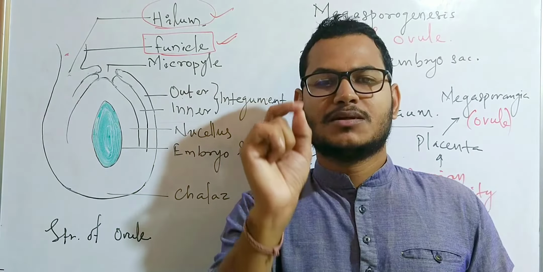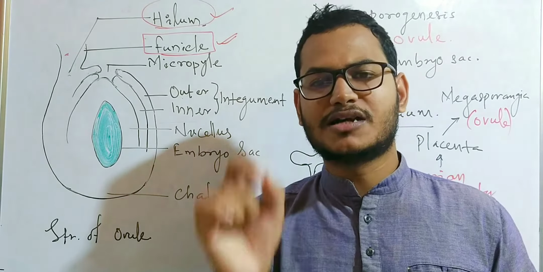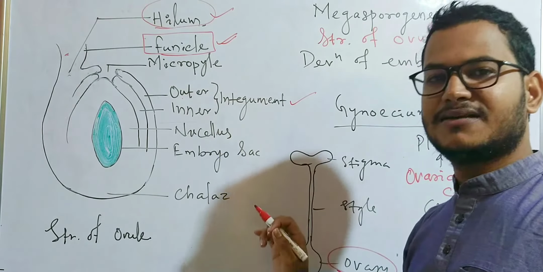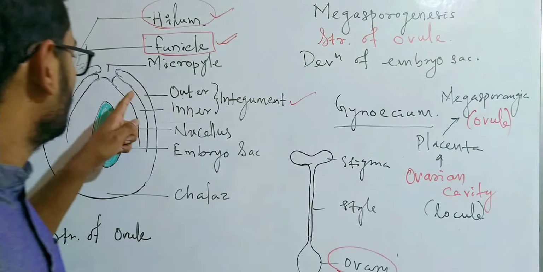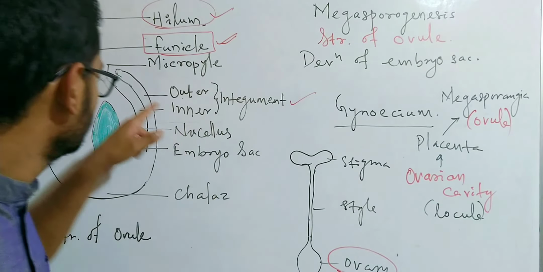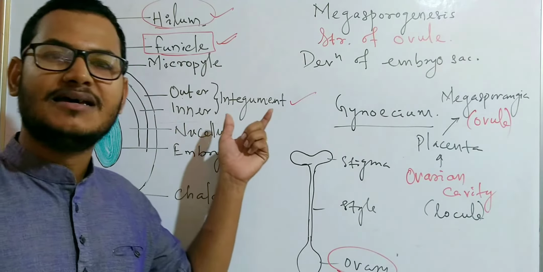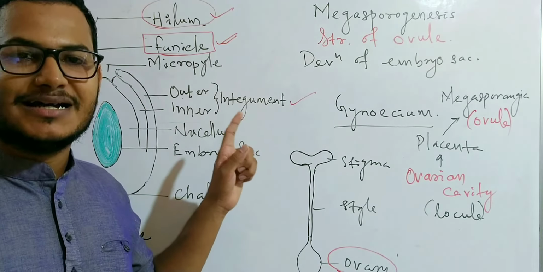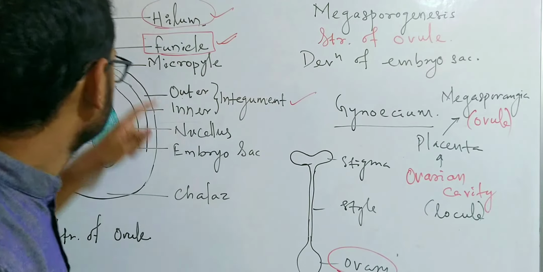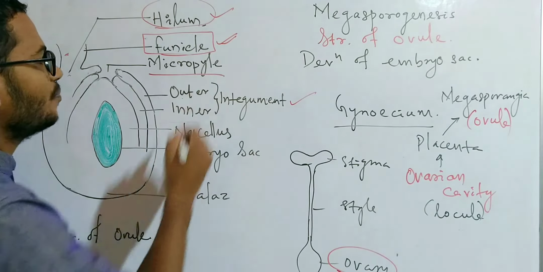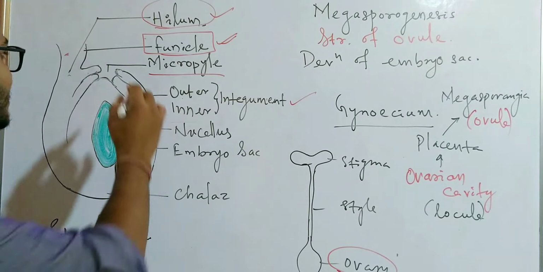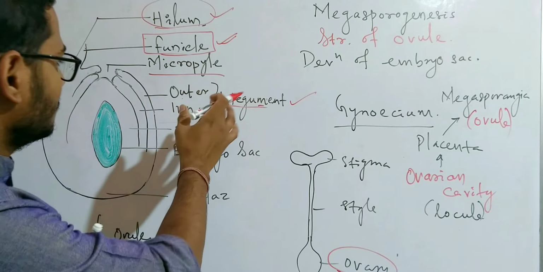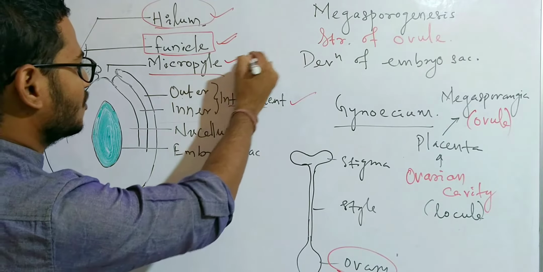Now remember, the ovule is covered with one or two coverings known as the integument, which is seen here. The integument may be one or two. Here we have two integuments, one outer and another inner. The integument surrounds the ovule, and it is absent at a point known as the micropyle or the micropylar end. Clear?